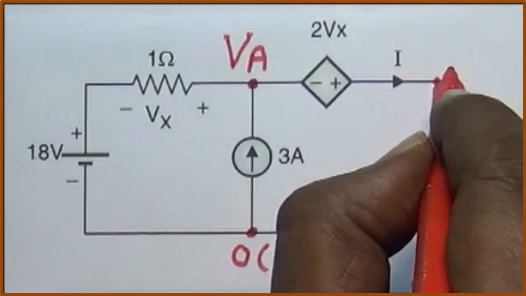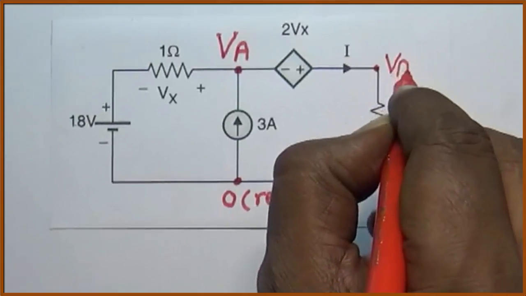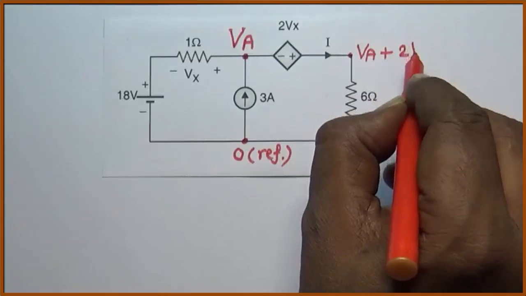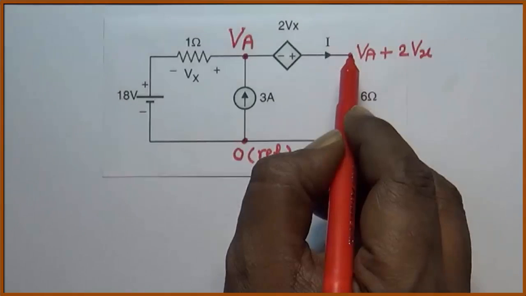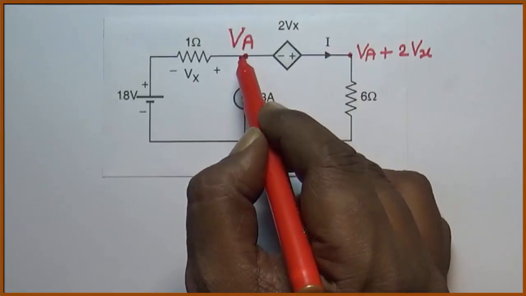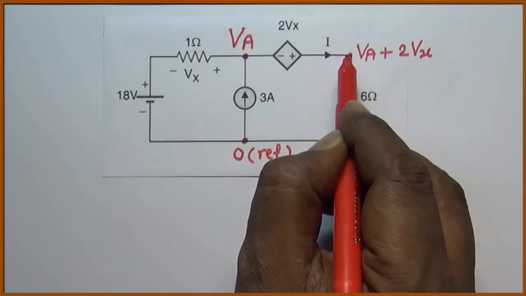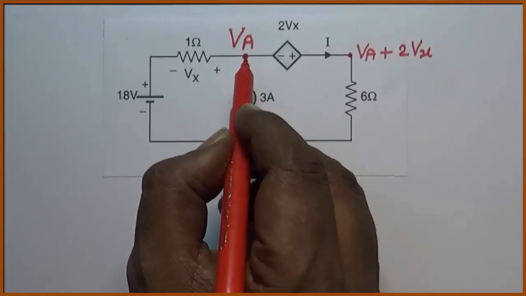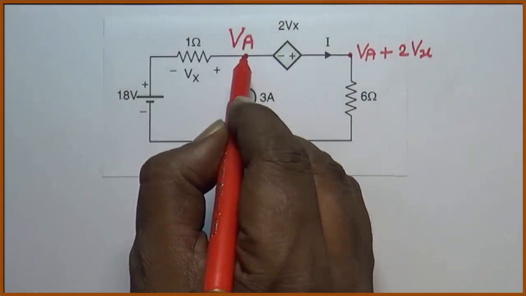So this voltage is VA plus 2Vx. Since this voltage is expressed in terms of VA, we will not consider it separately for applying KCL. So the only node where we can apply KCL is point A.